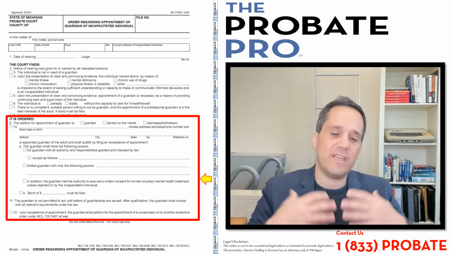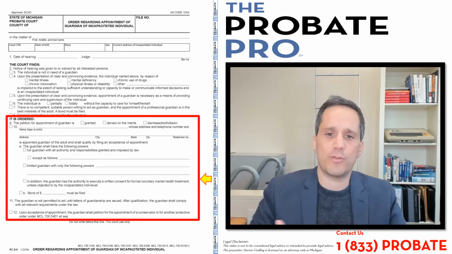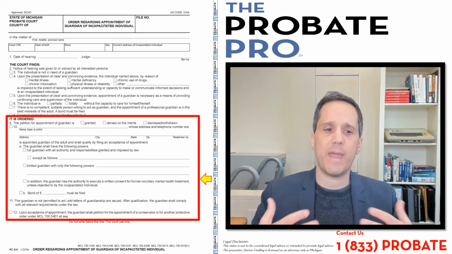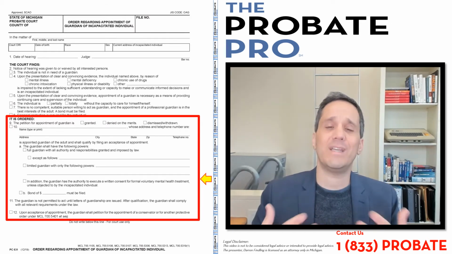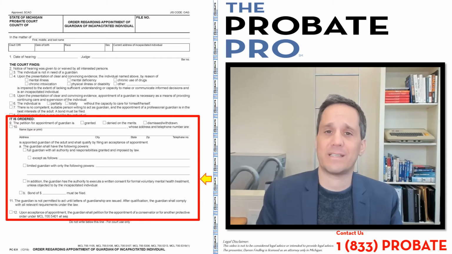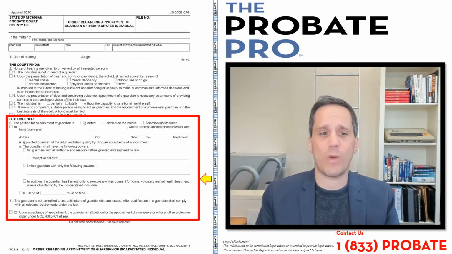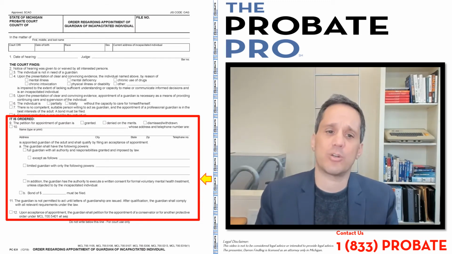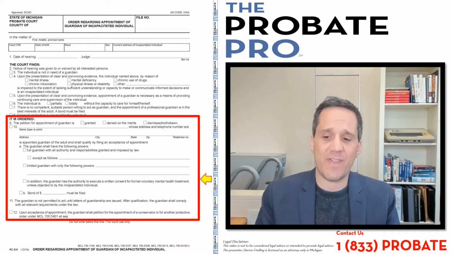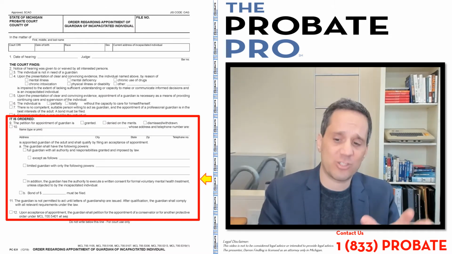The idea is that if the individual improves or becomes able to manage and regain their understanding and capacity to make informed decisions, as well as regains their ability to care for themselves, then the guardianship should sunset, should come to an end.